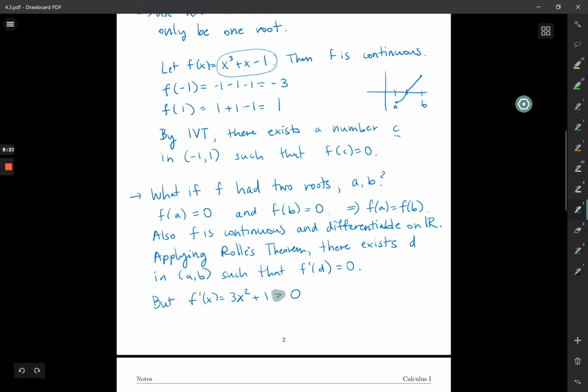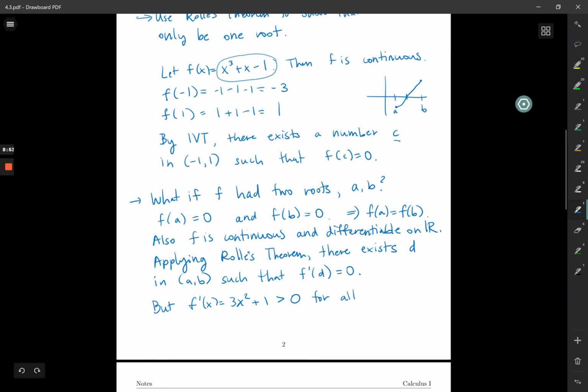It's always greater than 0, right? So what that means is that we can't have the existence of such a number d. So there is no d in the interval a to b where f prime of d is equal to 0, because as we see from the equation for f prime, it can never be equal to 0.